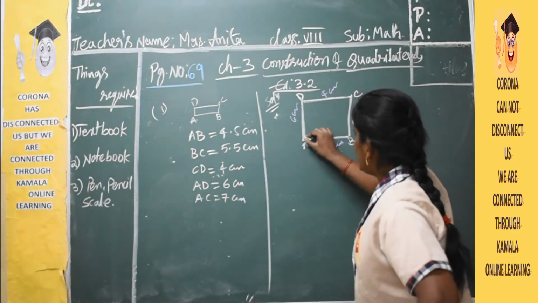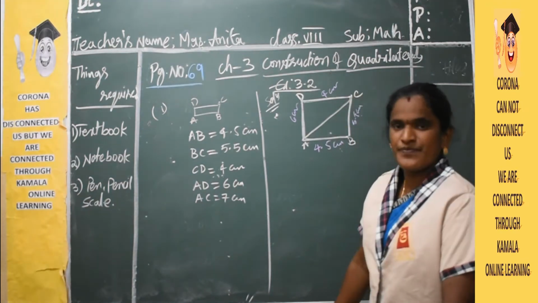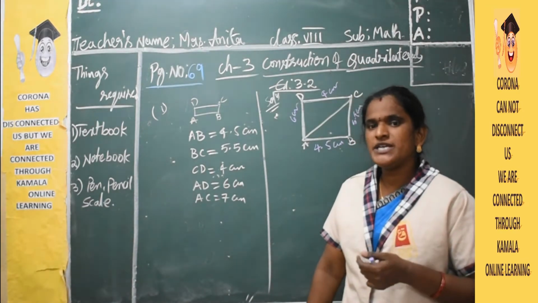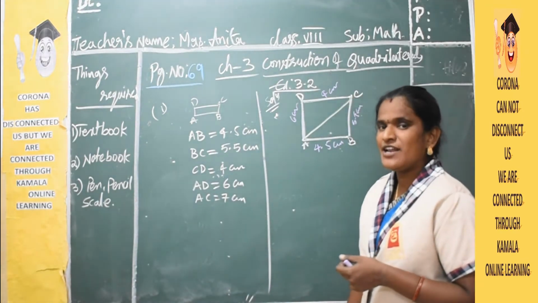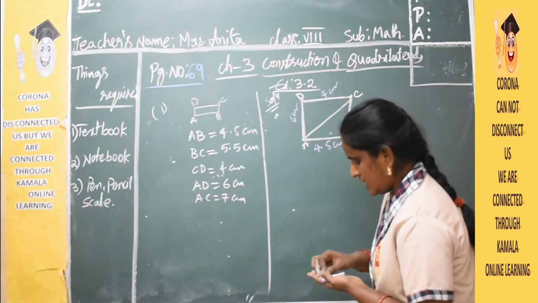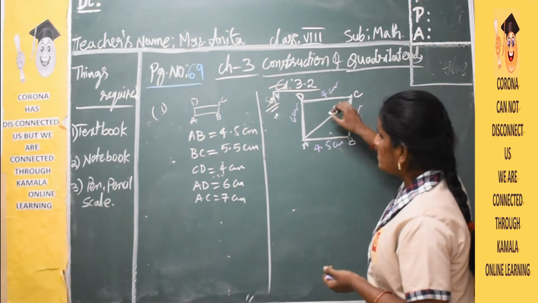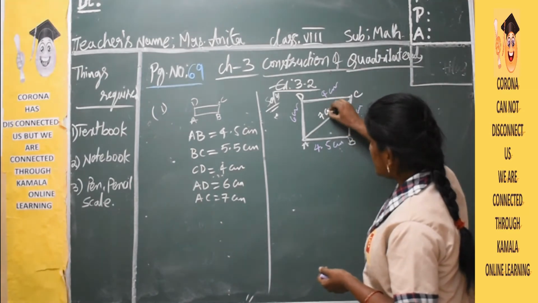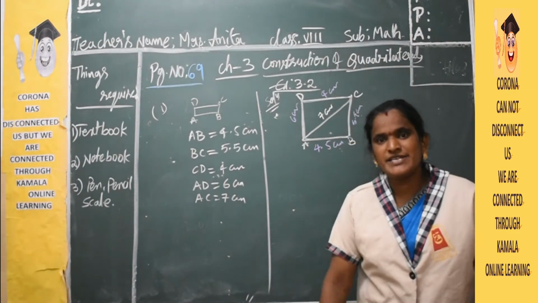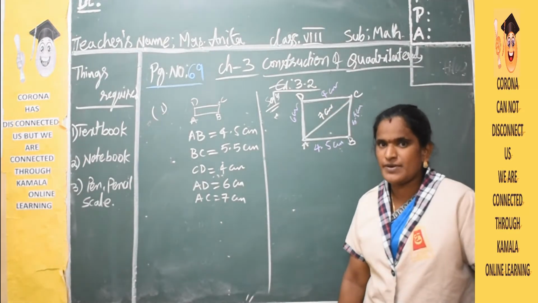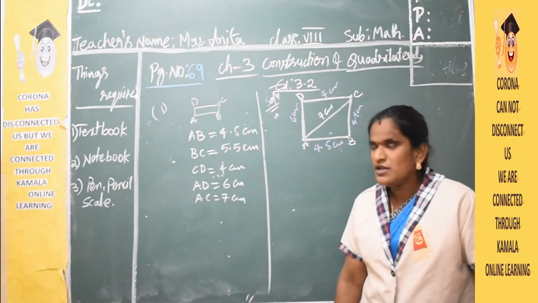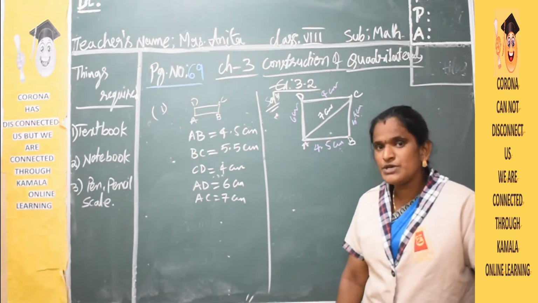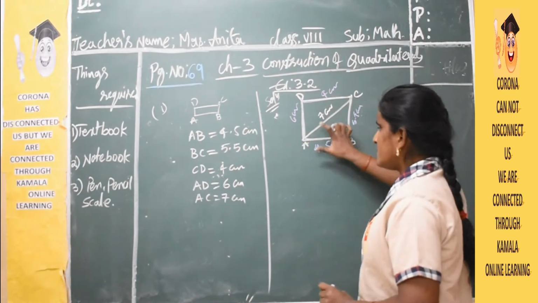AC represents what children? Diagonal. Diagonal of your quadrilateral ABCD. How much they are given? 7 centimeters. Clear children? AC is equal to 7 centimeters. Got it children everyone? Now you have to observe. So this is the rough sketch.